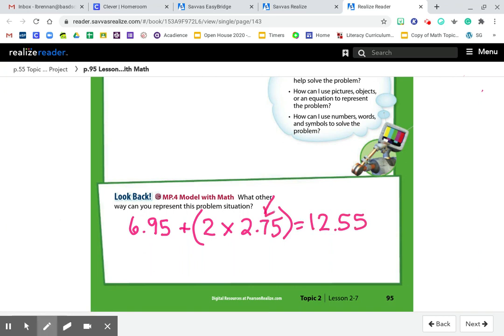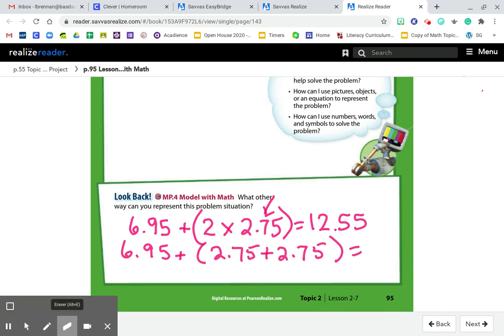Got fancy and threw some multiplication of decimals in there. You remember you can use an equation. I can rewrite that with just using addition. You can put the brackets in, you can take the brackets out, whichever way. Remember, because we have the associative property of addition, we can move things around in addition and still get the same answer. And that was our first value, our first step in our problem.